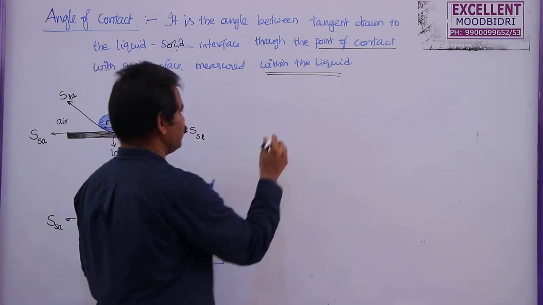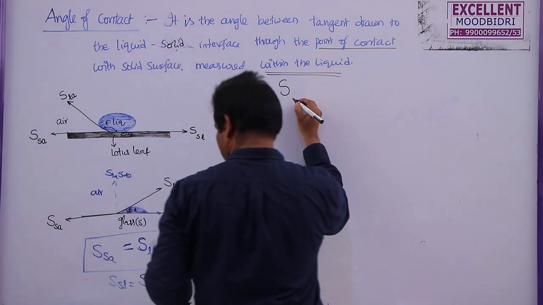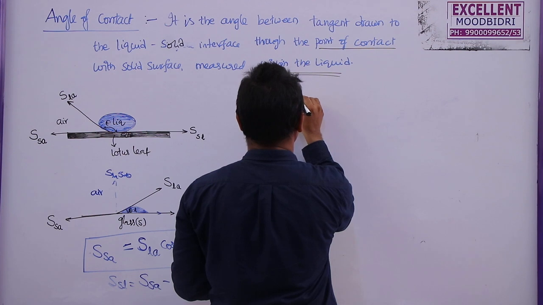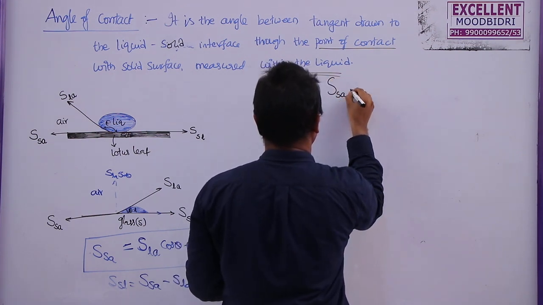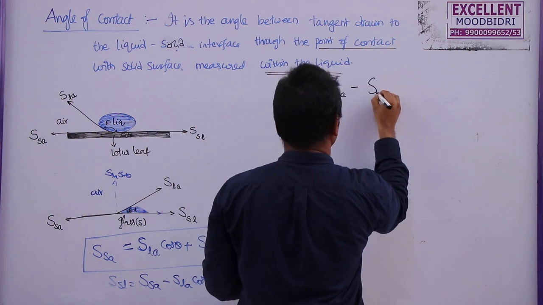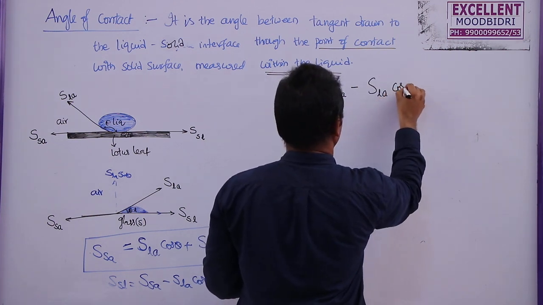So let me write this equation. The surface tension between solid and liquid is equal to the surface tension between solid and air minus the surface tension between liquid and air cos theta.